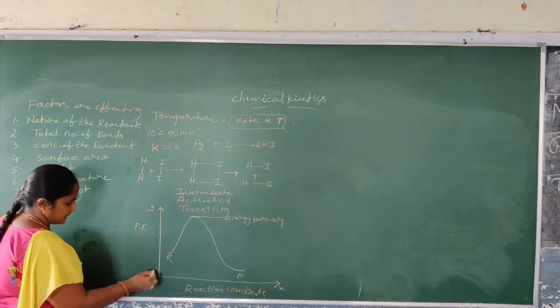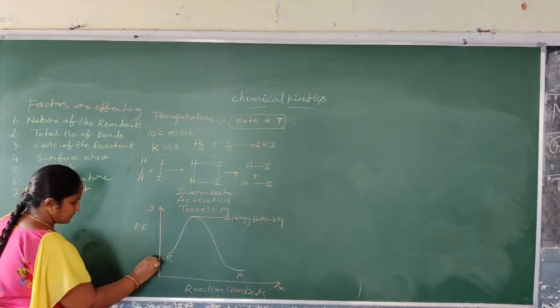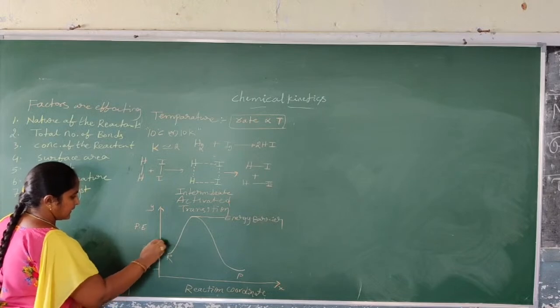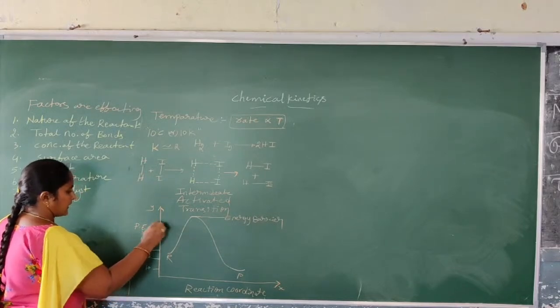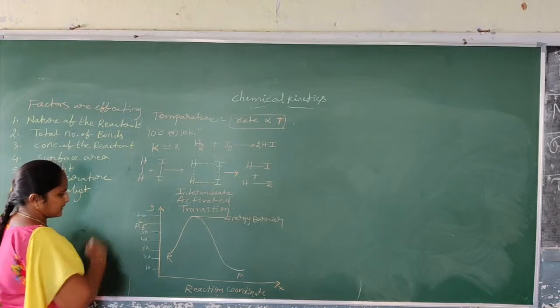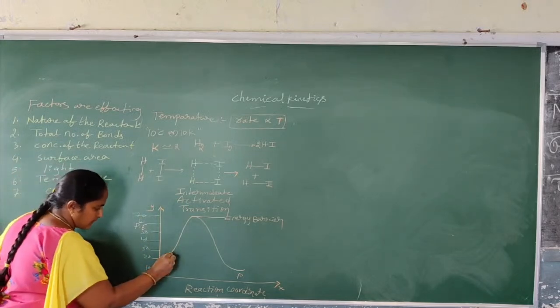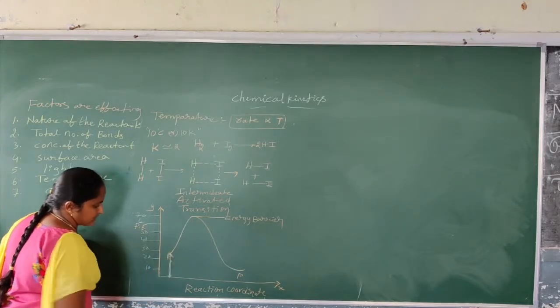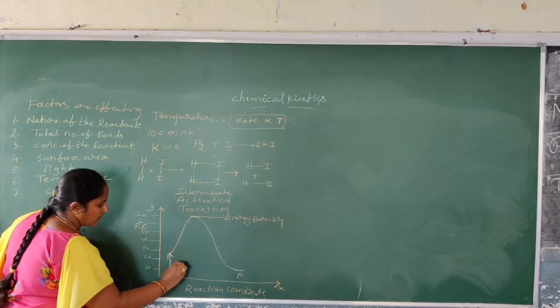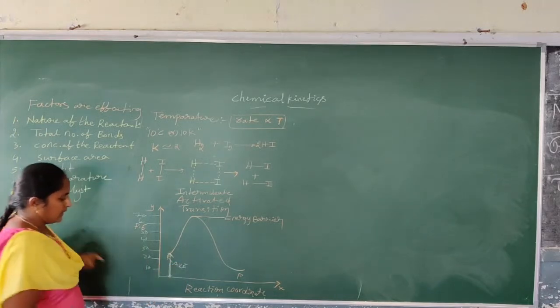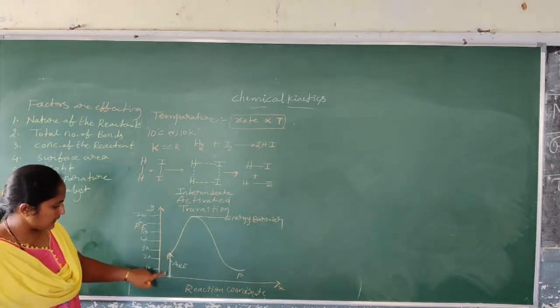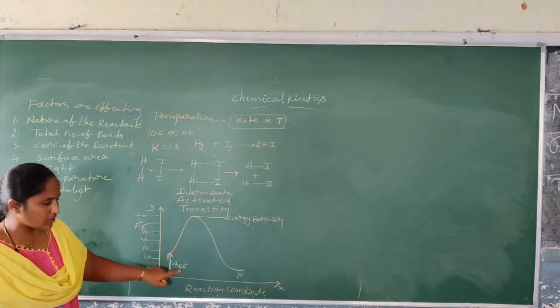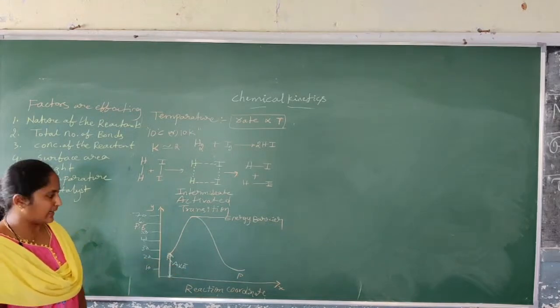So it is potential energy, for example 10 calories, 20 calories, up to 70 calories, etc. Now reactants have some amount of energy. The minimum amount of energy contained by the reactants is called the average kinetic energy.